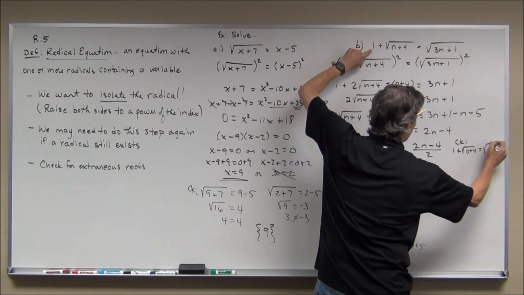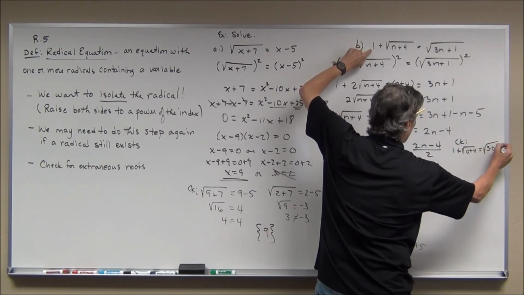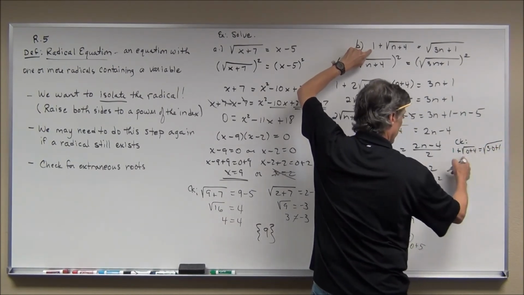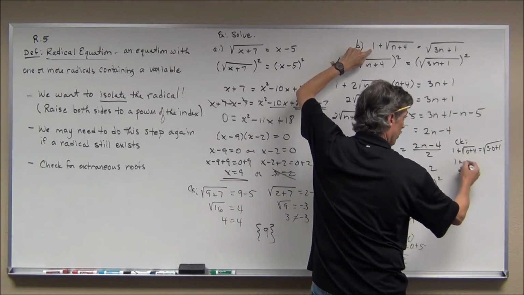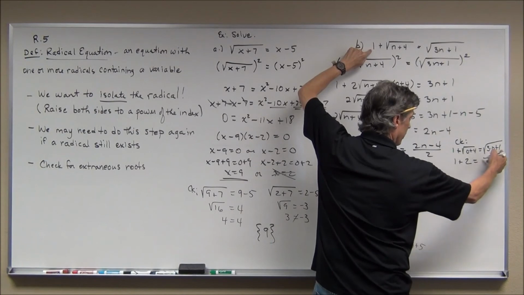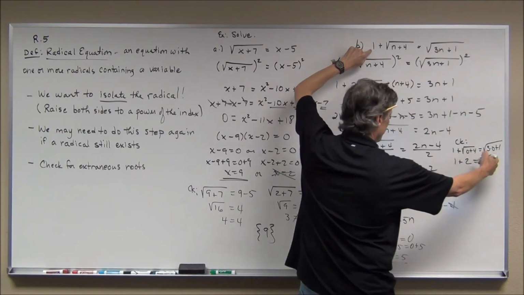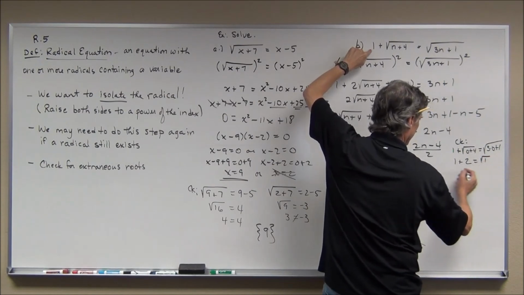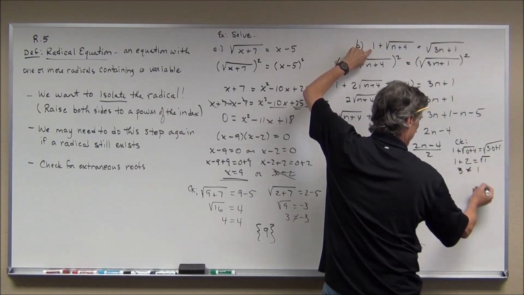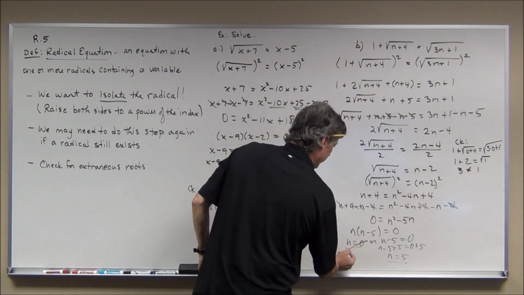Does that equal the square root of 3 times 0 plus 1? Well, that's 1 plus the square root of 4, so that's going to be 3. Over here, that's going to be the square root of 1, which is 1. So, not looking good here. 3 doesn't equal 1. So this doesn't appear to be a good answer.